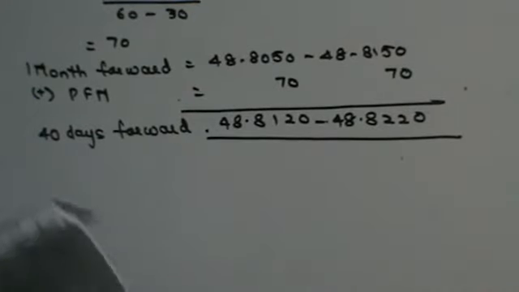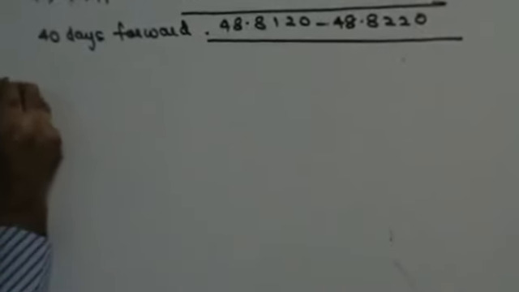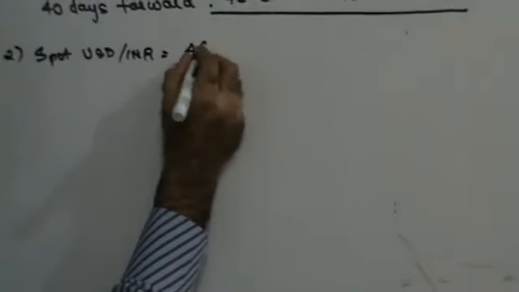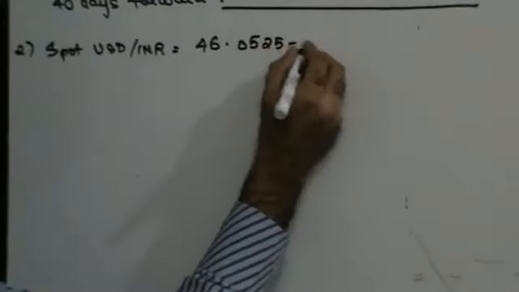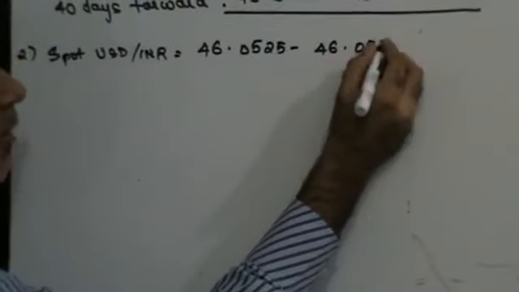Next, let's see another sum. Let's see what is the other way in which they can ask you forward margins. Suppose they give you spot USD INR is 46.0525, 46.0575.